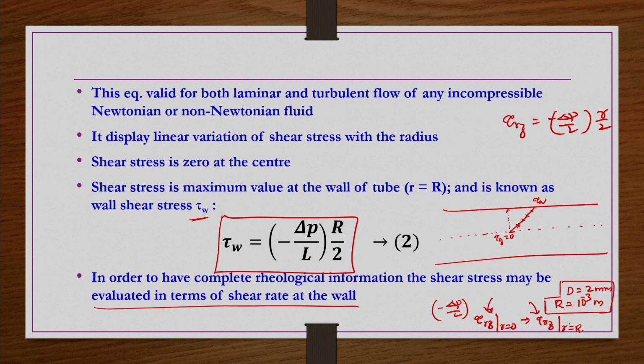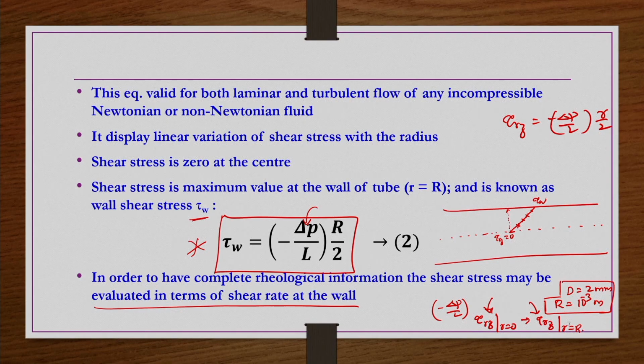Now, one thing is clear out of the shear stress versus shear rate: we already have the shear stress information in terms of measurable quantities. If you know the pressure drop, then you can easily find the shear stress, because R, the radius of the capillary, is known, and L, the length of the capillary, is also known.